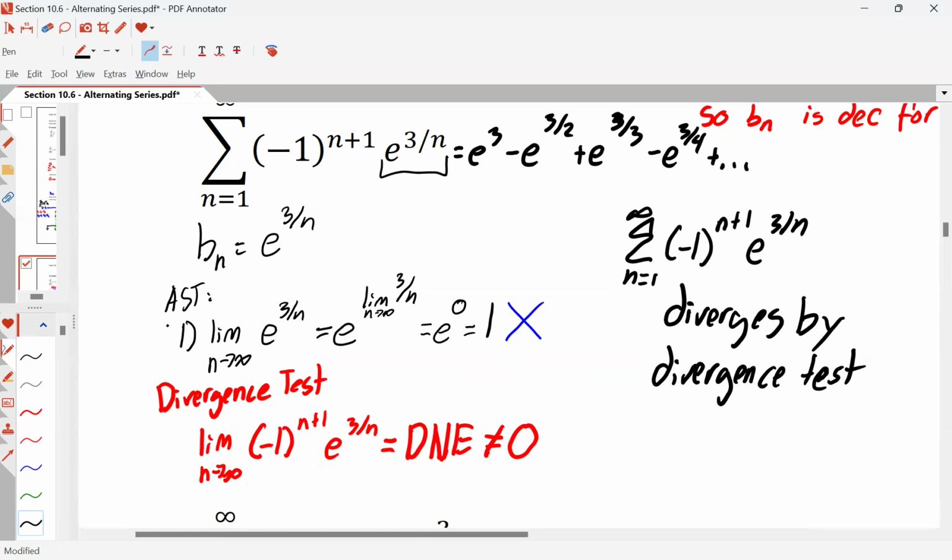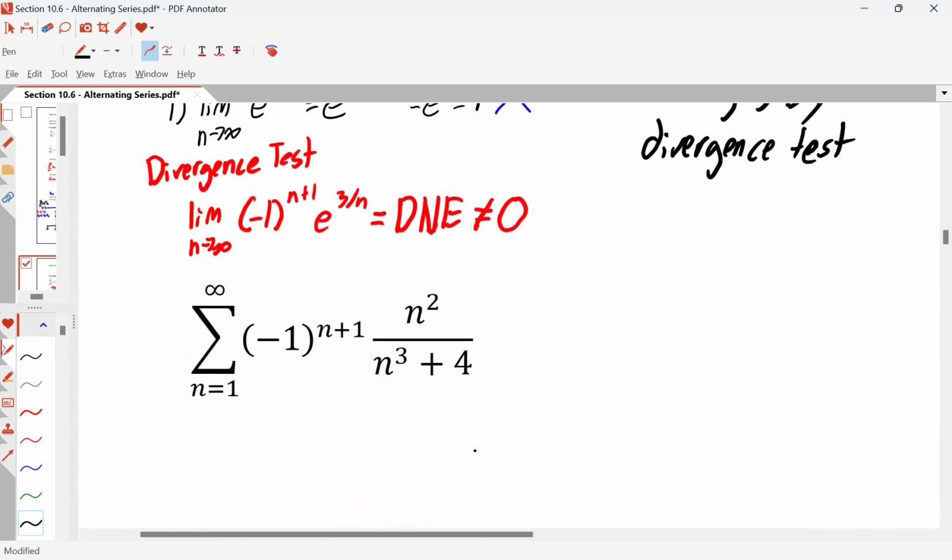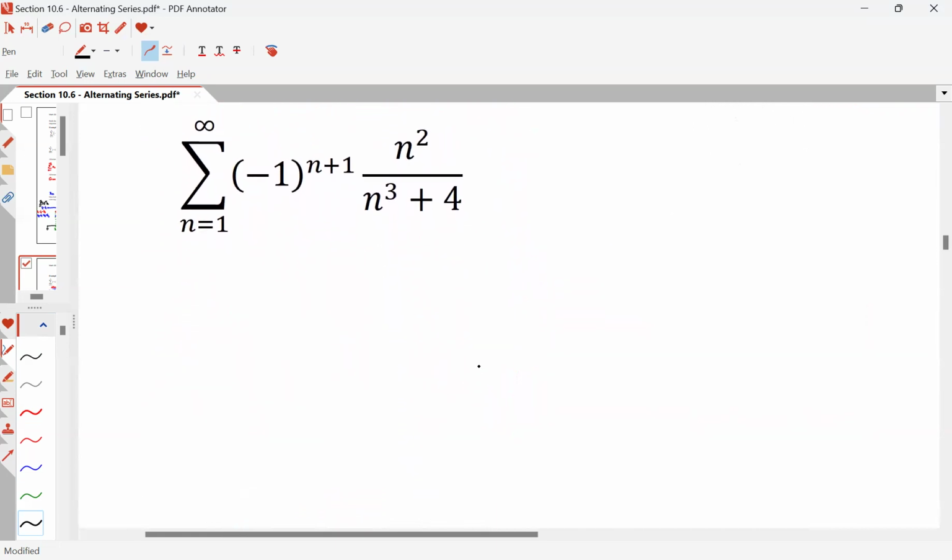Okay, so let's take a look at another example. We have the sum from n equals 1 to infinity of (-1)^(n+1) times n squared over n cubed plus 4. The sequence we're looking at is the part without the alternating, so n squared over n cubed plus 4.